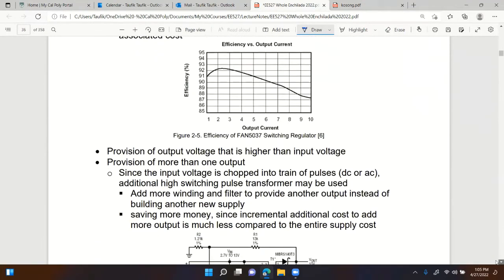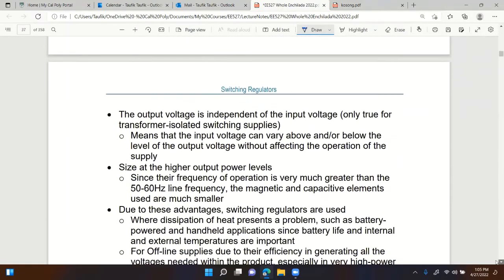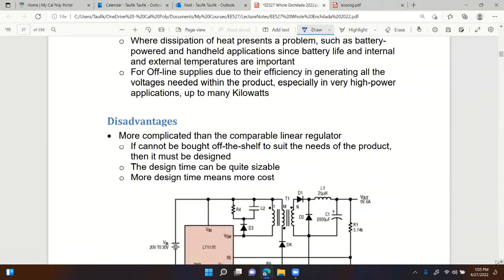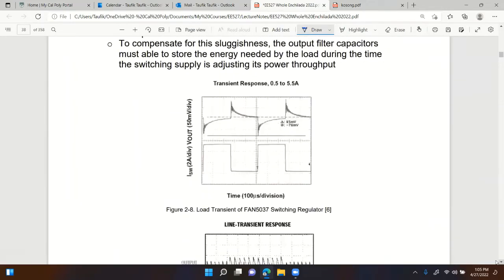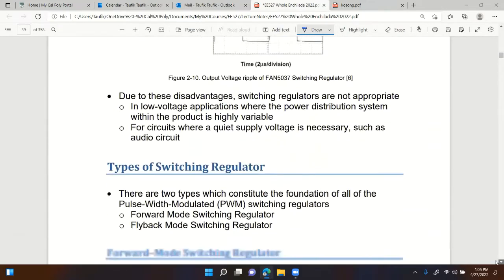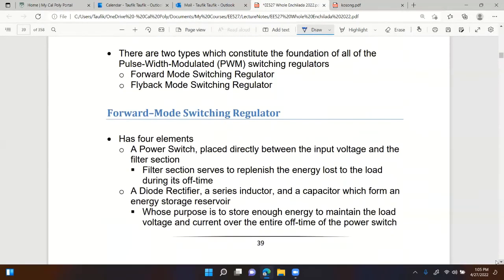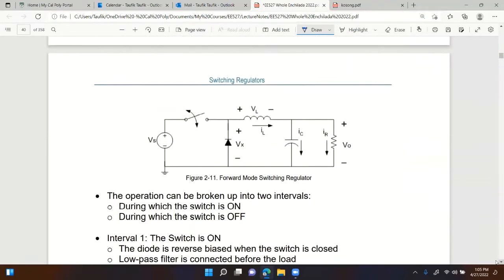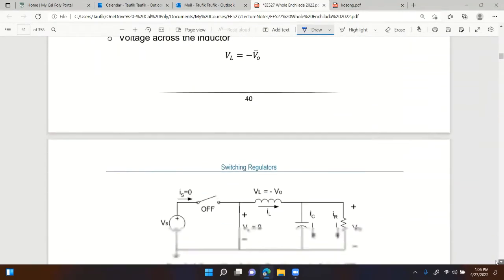You can see the progression of how it becomes a switching regulator from a simple switching circuit, with advantages and disadvantages. Most of these are background information on switching regulators.